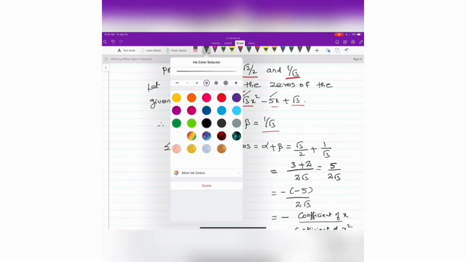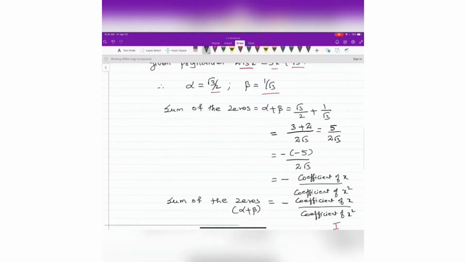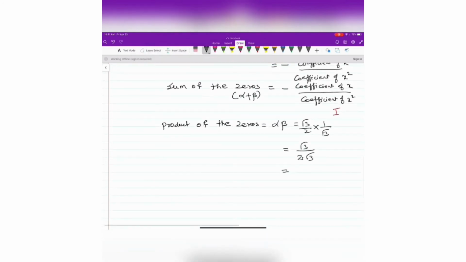So, I can write over here constant term by coefficient of x square.